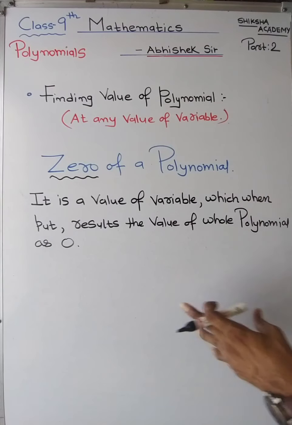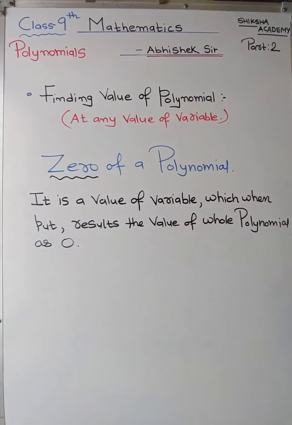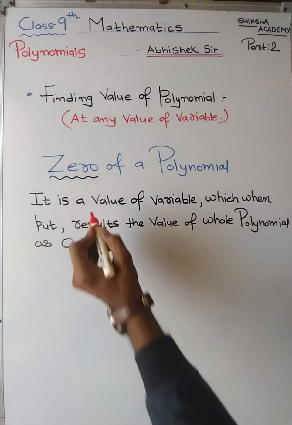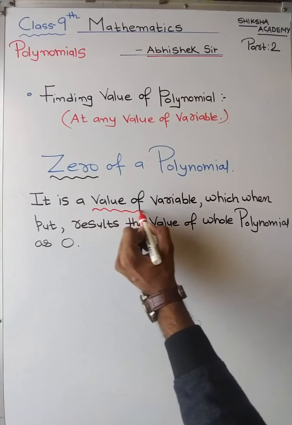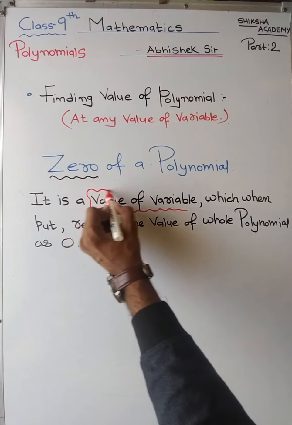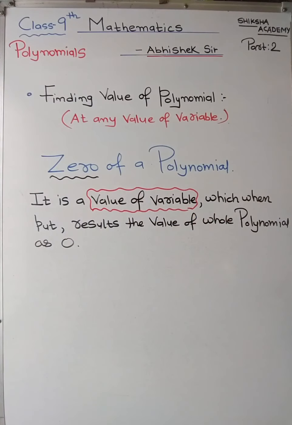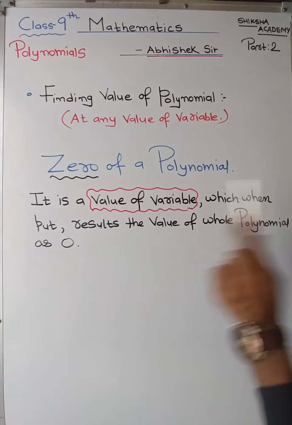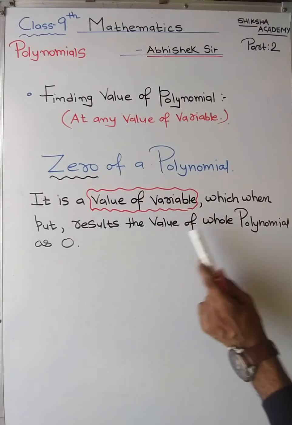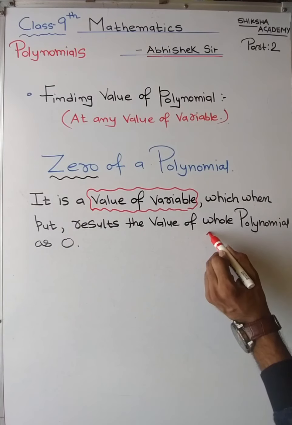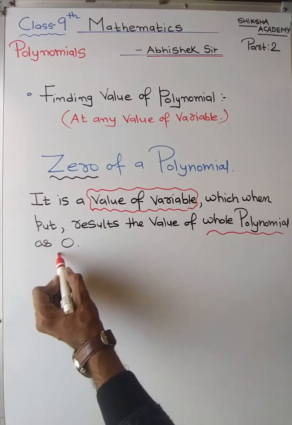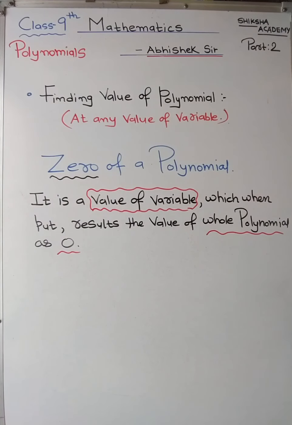Okay, so my definition is, it is the value of a variable, the value of variable which when put results the value of whole polynomial as 0. So zero of the polynomial is nothing but a number.